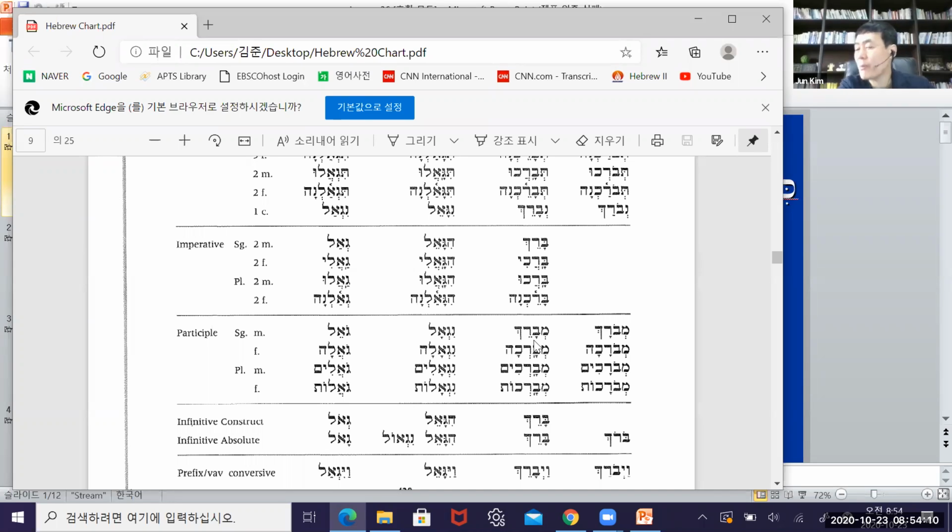It is supposed to be pata, but it becomes kamets here again. It's compensated. So you need to see the preceding vowel points just before the second root letter, which is either resh or a middle guttural letter. Then there must be compensation. If you see the compensation, then that must be PL stem.